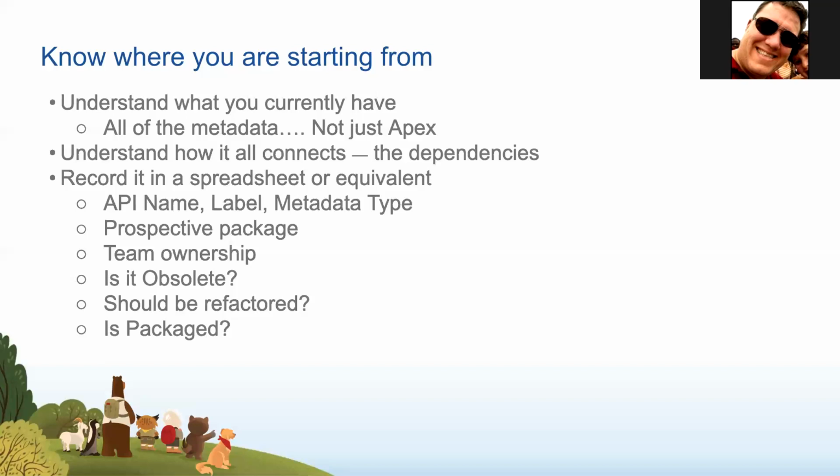How do you add permissions to your new field that you've added from one package to another? This is a deeper subject, and as far as refactoring, we'll get into techniques and frameworks on a subsequent talk. But that's the kind of thing that's going to happen, because otherwise, without refactoring, I don't see how you're going to be able to have a manageable package that is ready to expand, ready to grow with your organization. And again, it's all about how complex is your org, right?